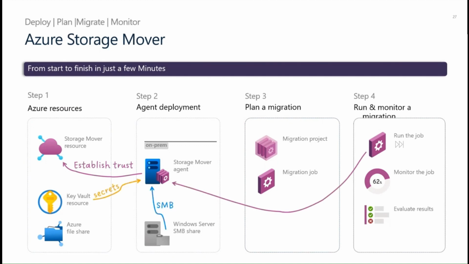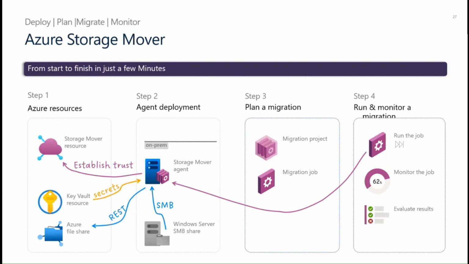This shows you a little bit about how the storage mover itself functions. We create the storage mover object inside of Azure that then allows us to download the agent, which I'll show you in a second, that I downloaded to my Hyper-V. I couldn't put it on Azure because it is a Hyper-V OVA type model, and I don't have Hyper-V running on my hosts.